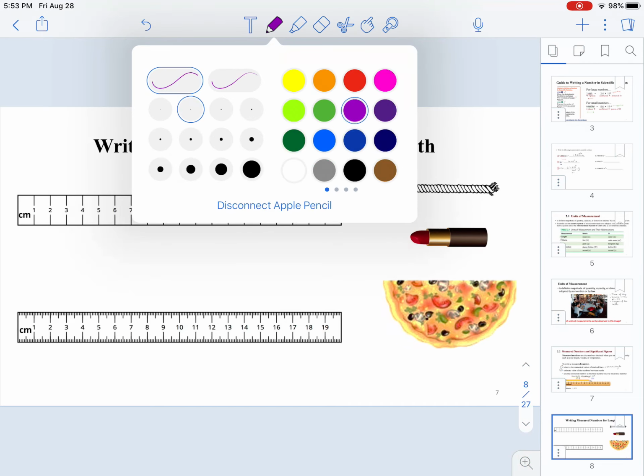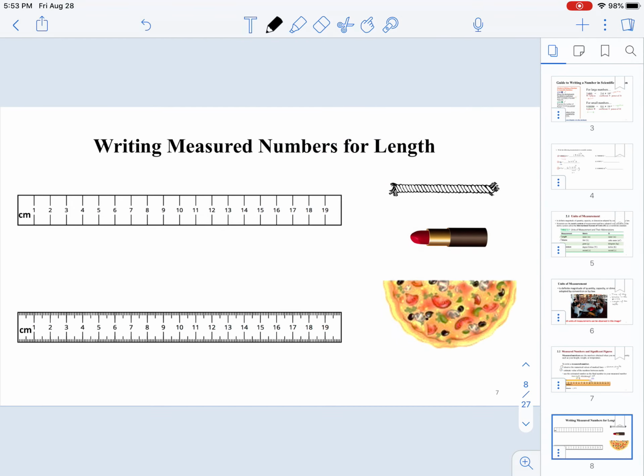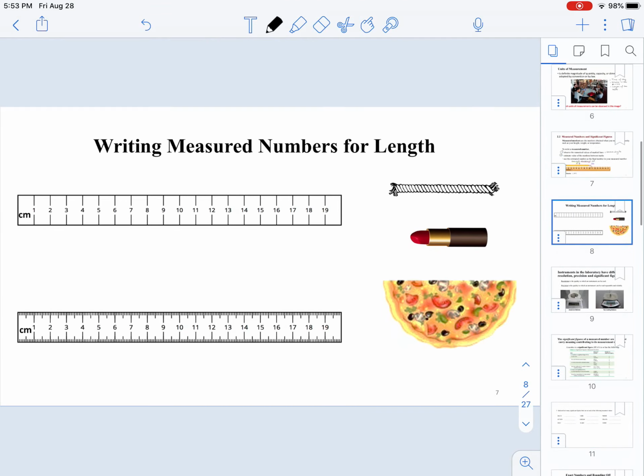Now, to do an example of how we do measurements, remember that the way that we report a measured number has to do with the instrument that we utilize for the measurement itself. As you can see in the slide, I have three objects. I'm going to utilize the rope as an example.